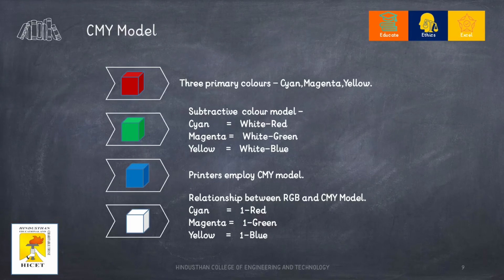Magenta is obtained when green is subtracted from white, and yellow when blue is subtracted from white. Printers employ the CMY model. The relationship between the RGB and CMY model is given as below. Cyan equals 1 minus red, magenta equals 1 minus green and yellow equals 1 minus blue.